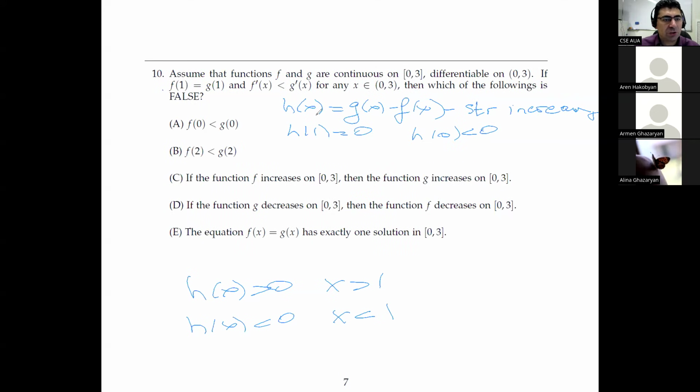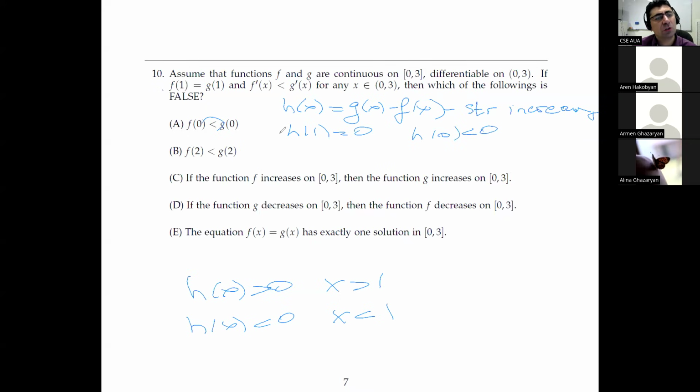f(0) is less than g(0). Remember, our function h is g(x) minus f(x). At the 0 point, what can we say? Here we should have equality?